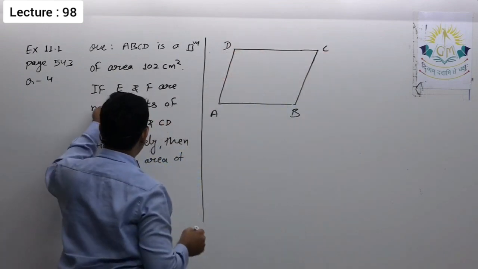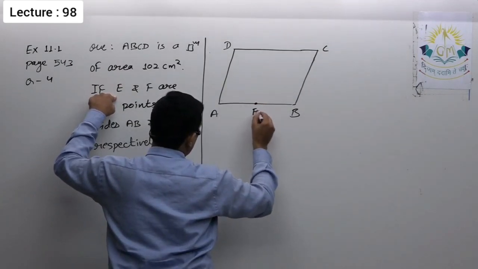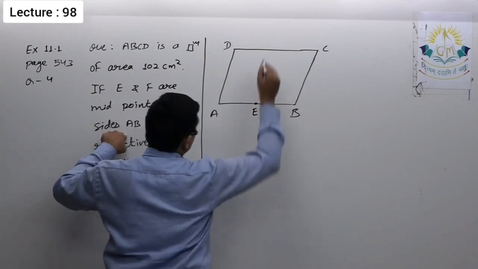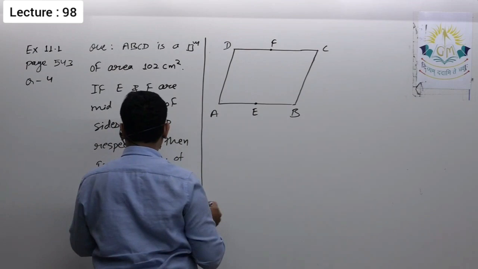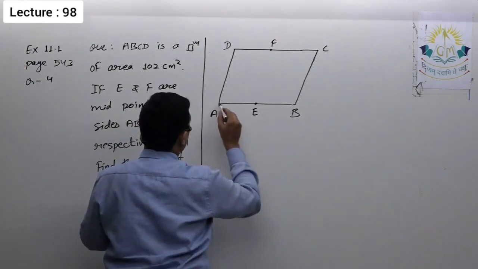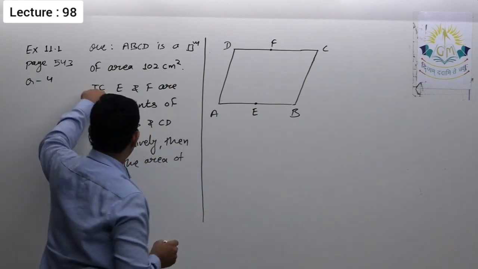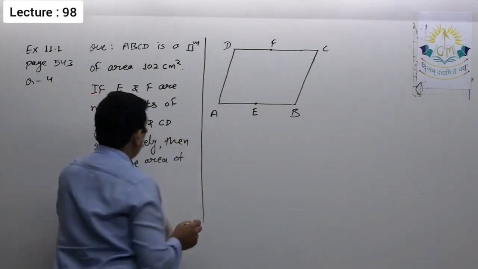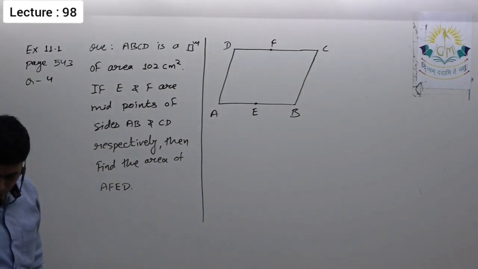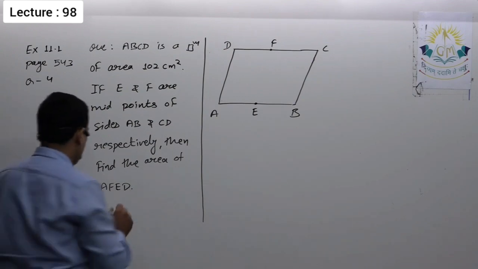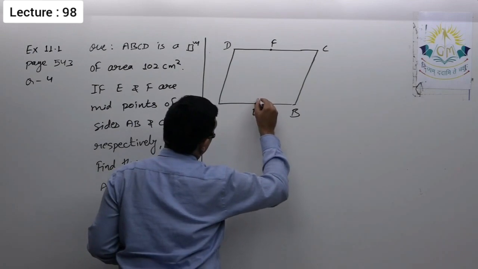E is the midpoint of AB and F is the midpoint of CD. We have to find the area of AEFD.